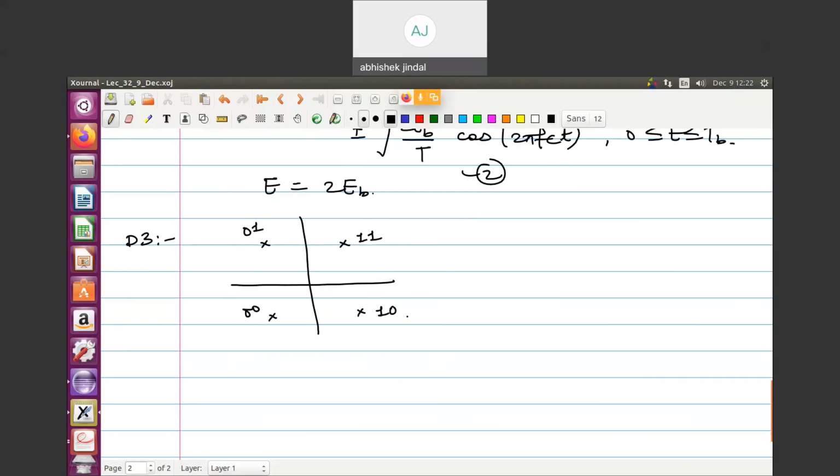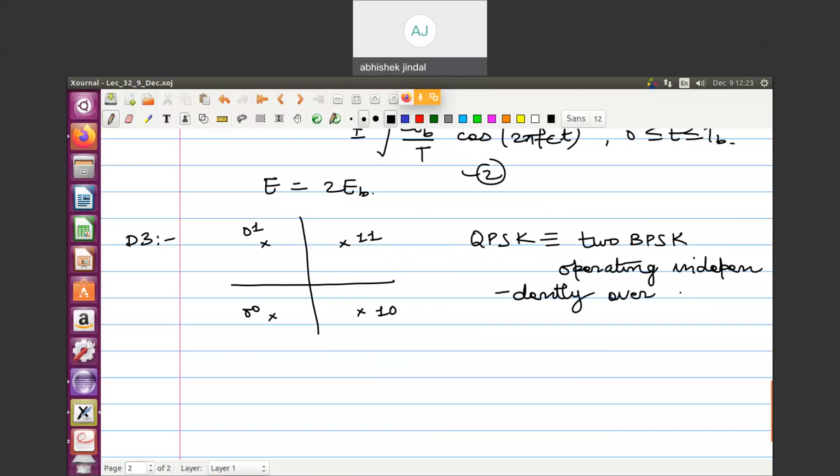Now how do you get that? See, if I call the equivalent, QPSK is equivalent to 2 BPSK operating independently over carriers that are at quadrature.